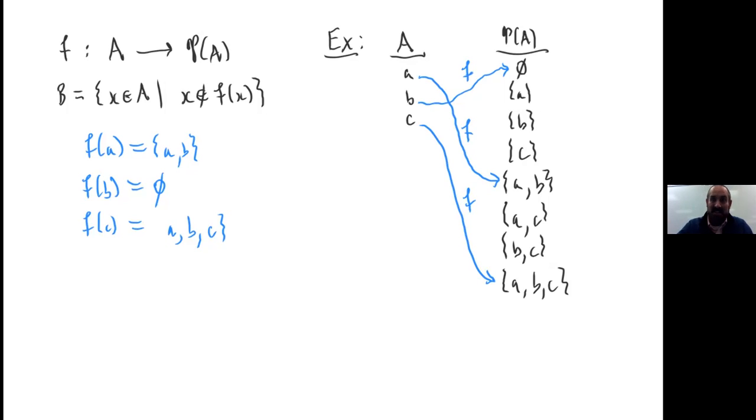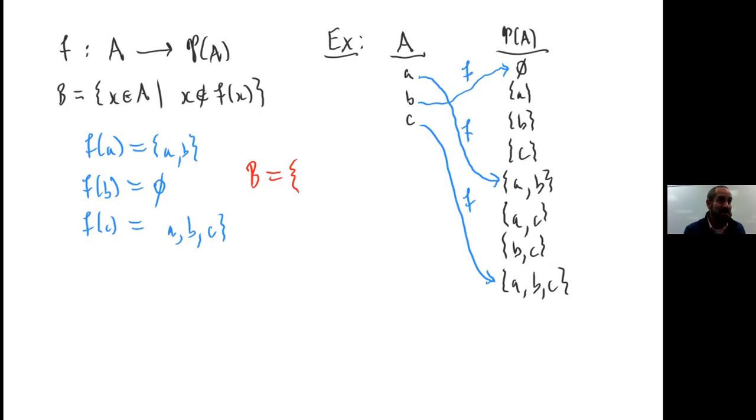Let me say it again. B is the set of all inputs such that that input is not a member of its output. So my question for you is, what is B in this example? You tell me what B is in this example.